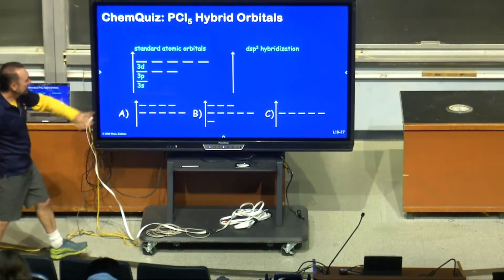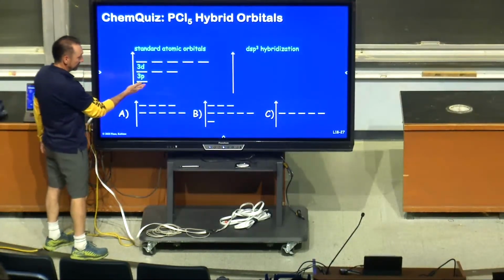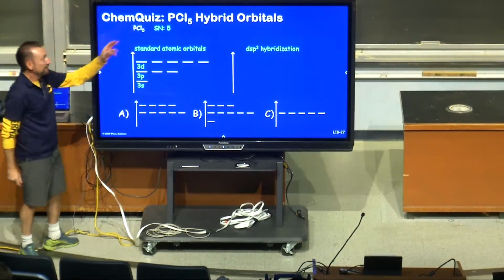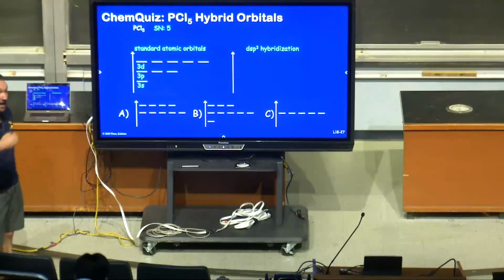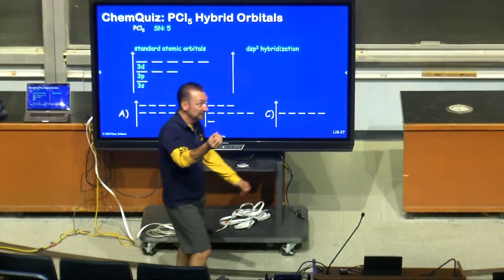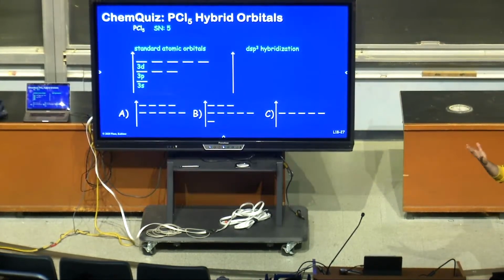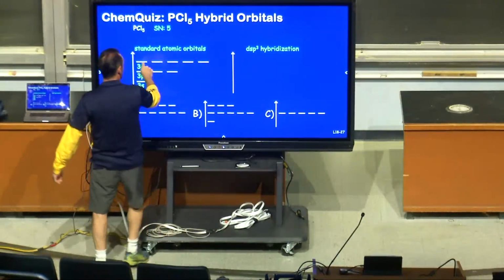So here are the atomic orbitals, and you recognize this: the 3s, the 3p, and the 3d. PCl5 has steric number 5. It needs to accommodate 5 things. How many atomic orbitals does it need? It needs 5 equivalent atomic orbitals. There are 5 equivalent atomic orbitals here, these d's.